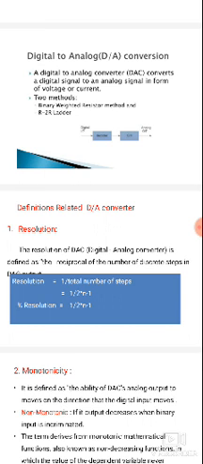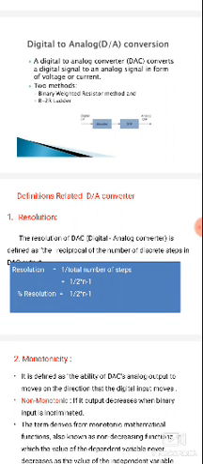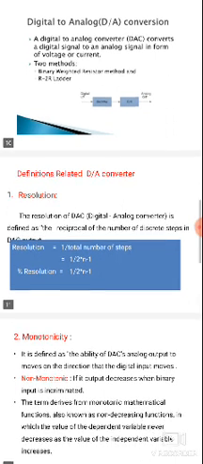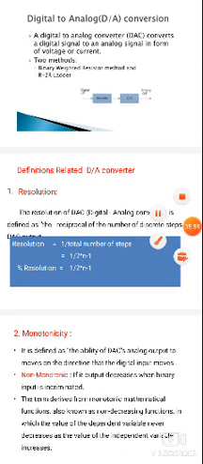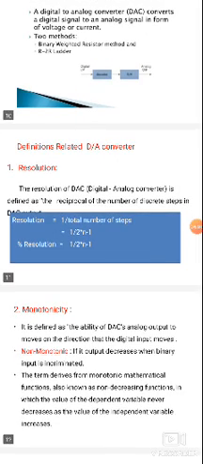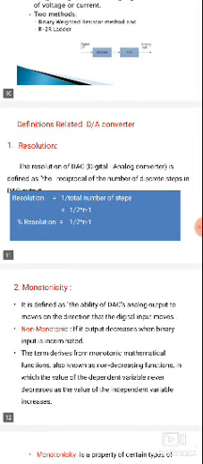The main internal part of the digital to analog converter is the decoder, whereas the analog to digital converter uses an encoder. Sample and hold circuit, encoder and quantization are the three methods for A to D conversion. For D to A conversion, decoder and sample and hold circuits are used. D to A conversion means digital input is applied and we get the analog output.